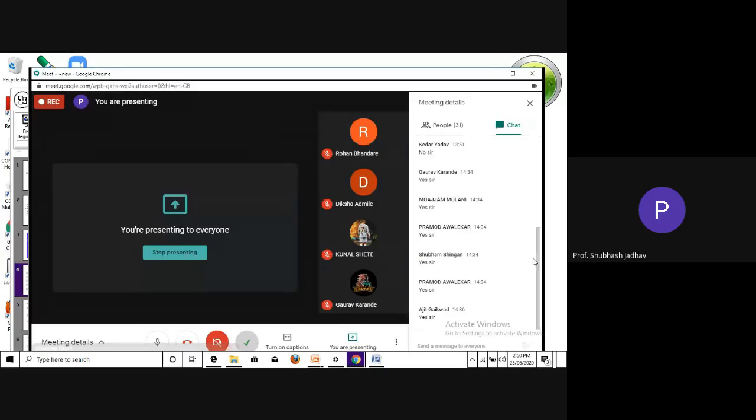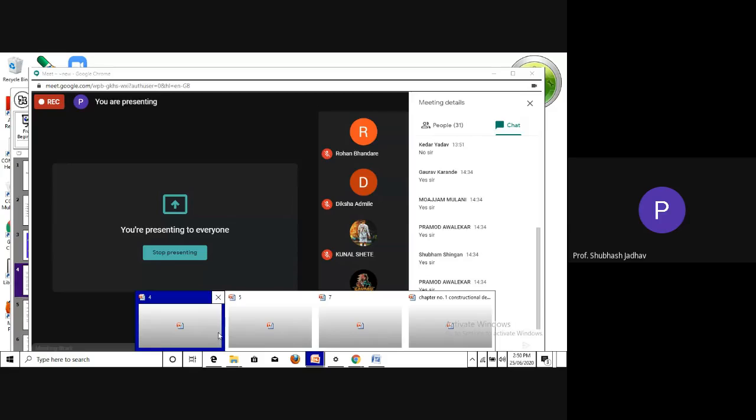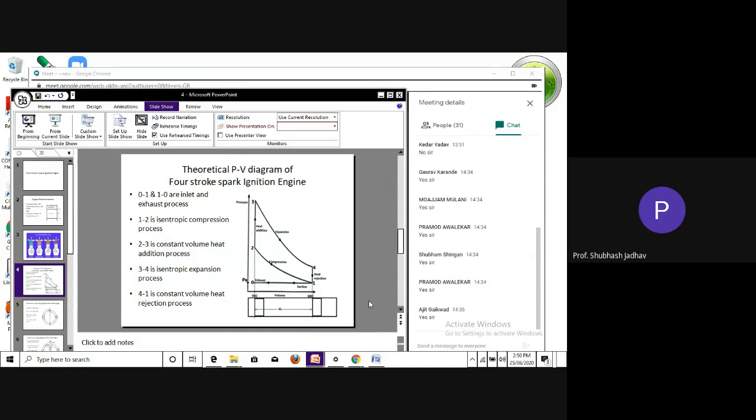I hope everybody understood what is being discussed with respect to the cycle, point 4 to 1, line 4 to 1. Can you give the confirmation that you have understood or not? Or you ask me a doubt once more?